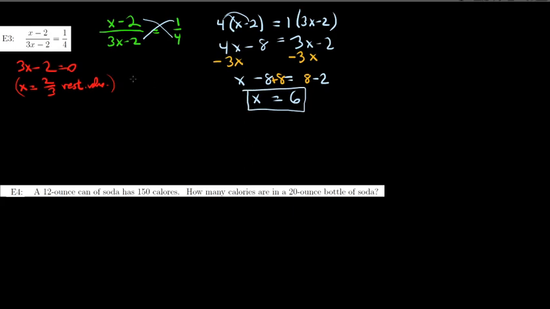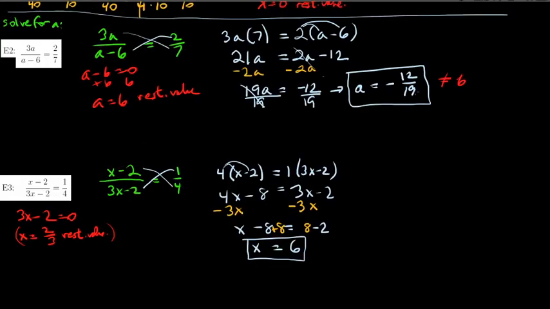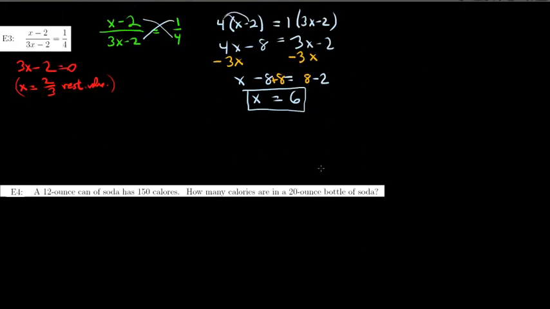Again, you can always check if you plug in x equals 6. Let's do that. We forgot to check here. It's a little more complicated with the fraction, but you should check regardless, or at the very least, plug it in the calculator and see if both sides are equal. So let's check. If we plug in x equals 6 here, we get 6 minus 2 over 3 times 6 minus 4.